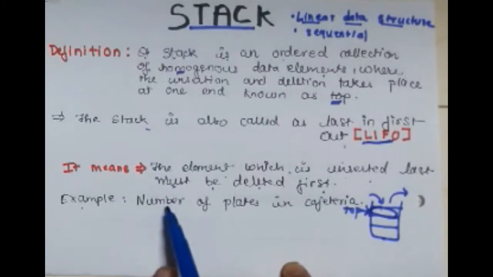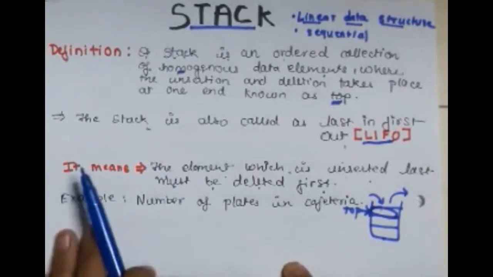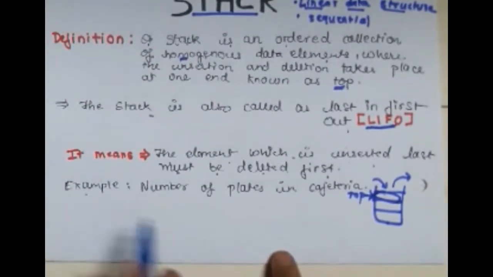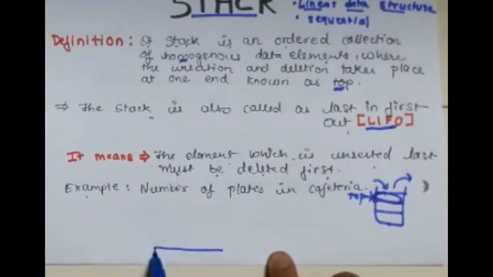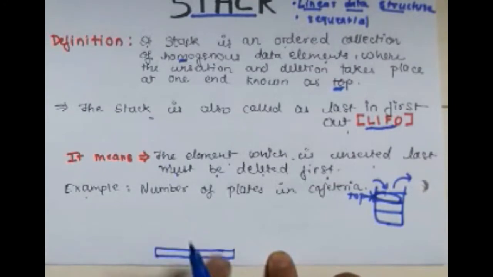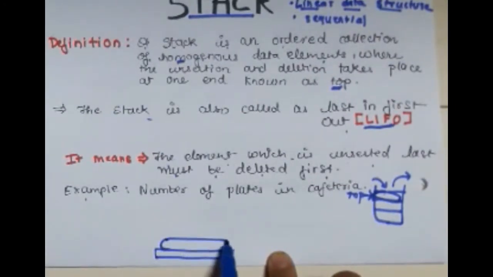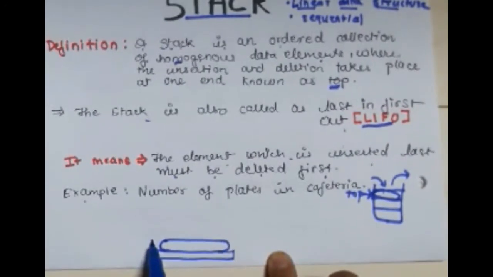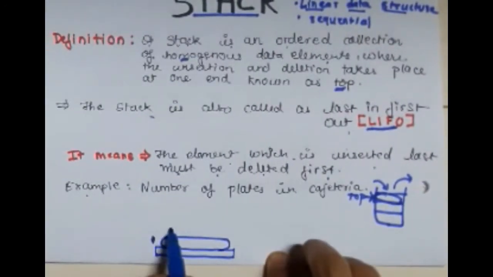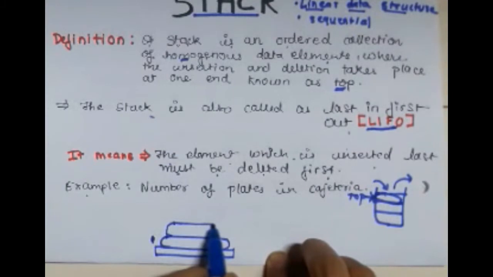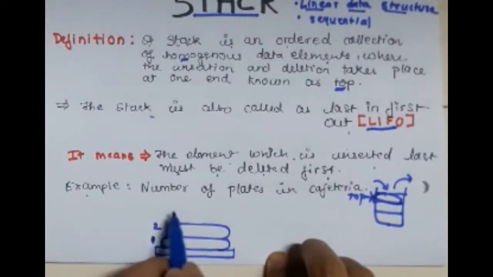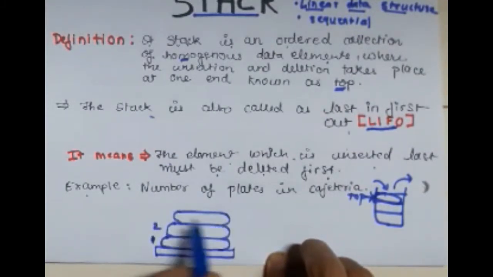So, consider a number of plates in a cafeteria. Let me draw. This is a tray. Now we have to insert plates into this tray. So we will insert like this: plate 1, another plate, plate 2 and plate 3.